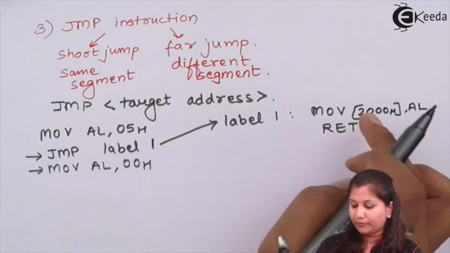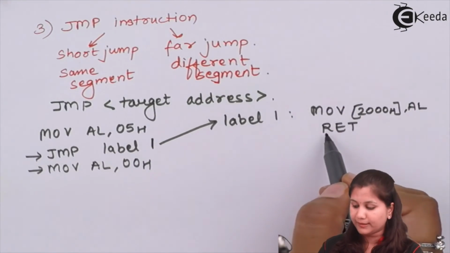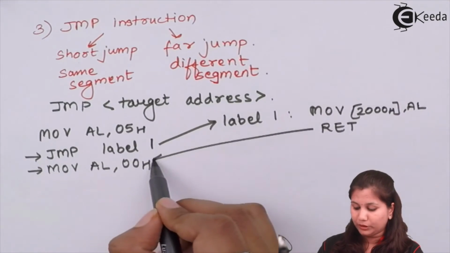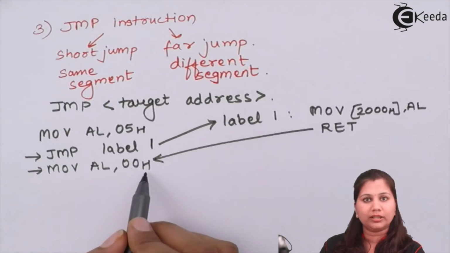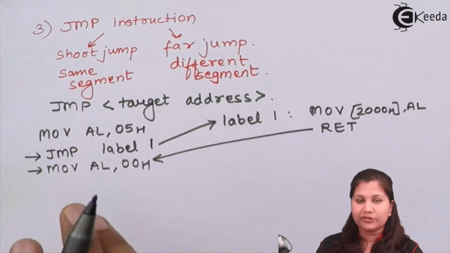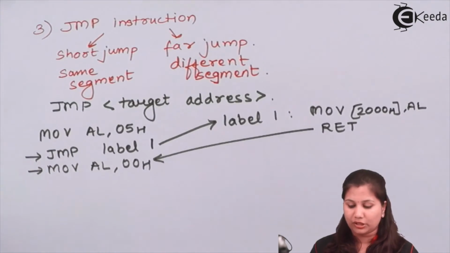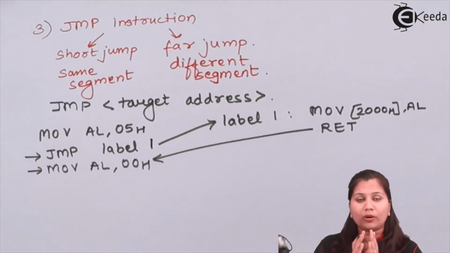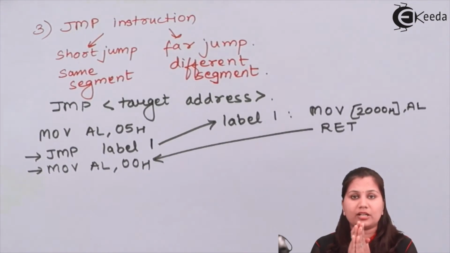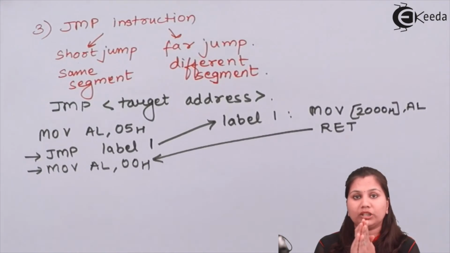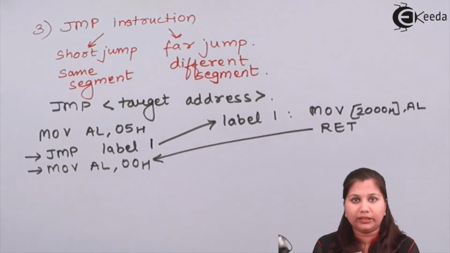It is going to jump to this location, execute this subprogram, return back to the main program, and then execute this instruction. Just like the call and return instructions, in all these three instructions the microprocessor will store the address of the next instruction in the stack only.